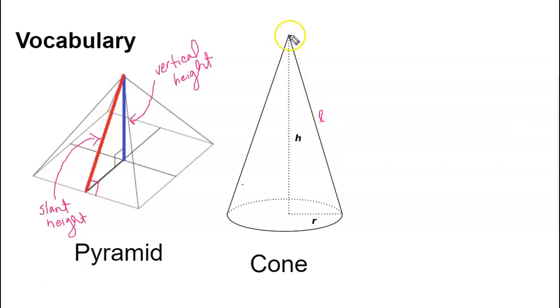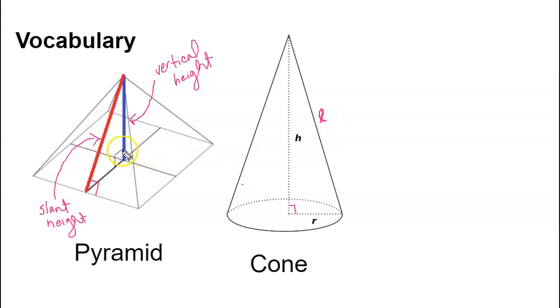So the vertical height still has to go from the top point perpendicular to the base, and the slanted height has to go from the point to a point on the circle. And so the slanted height, I always tell my students, is like sliding down the side of the pyramid. And the vertical height is if you took the elevator down to the bottom. So pyramids and cones both have two different types of heights that we use in different situations.